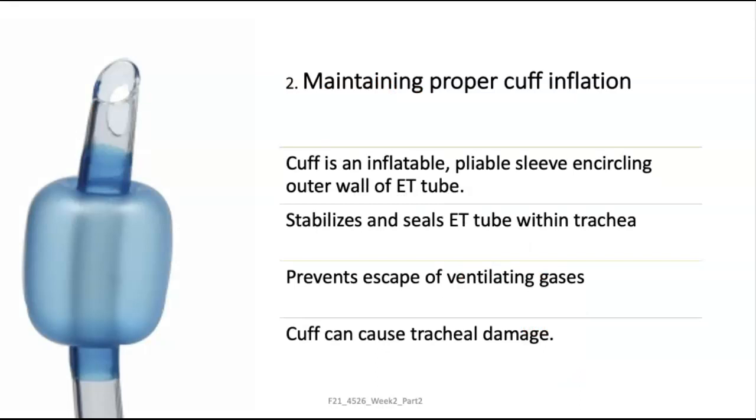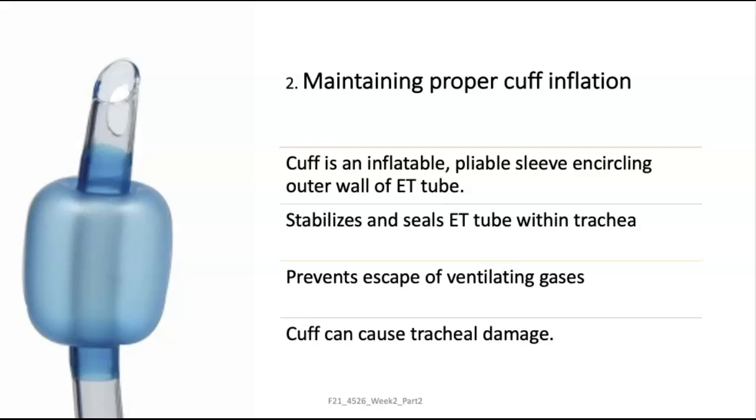Number 2 is maintaining proper cuff inflation. The cuff, as you remember from the previous picture, is an inflatable, pliable sleeve that encircles the outer wall of the ET tube, and it stabilizes and seals the ET tube within the trachea and prevents escape of the ventilating gases. The cuff can cause damage to the tracheal mucosa if it's moving around.